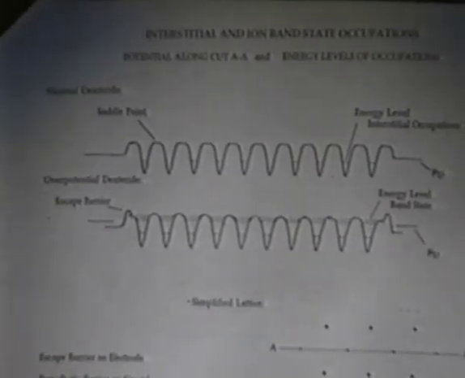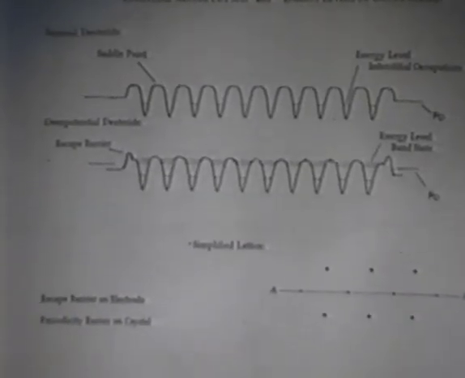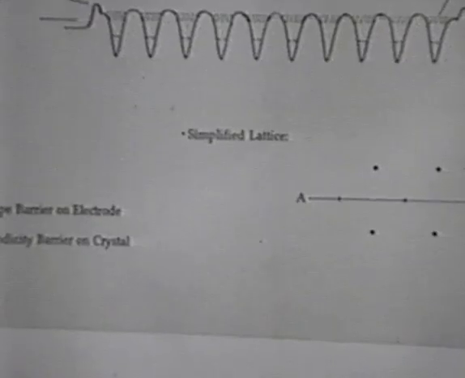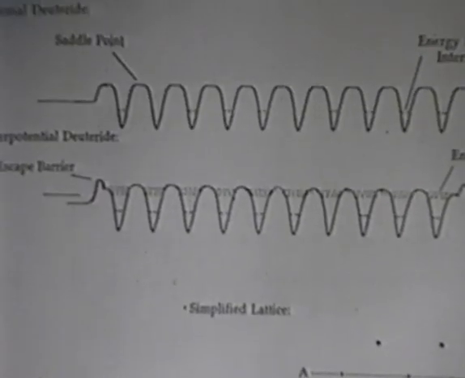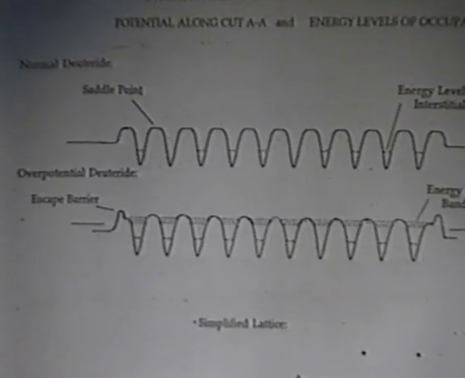And what we see is a set of peaks and valleys where we have stable locations, we are assuming, in the center of these cubes, and saddle points at the interfaces between the cubes. And we show the normal situation here under chemical equilibrium conditions with about 60% or 70% of the valleys occupied.